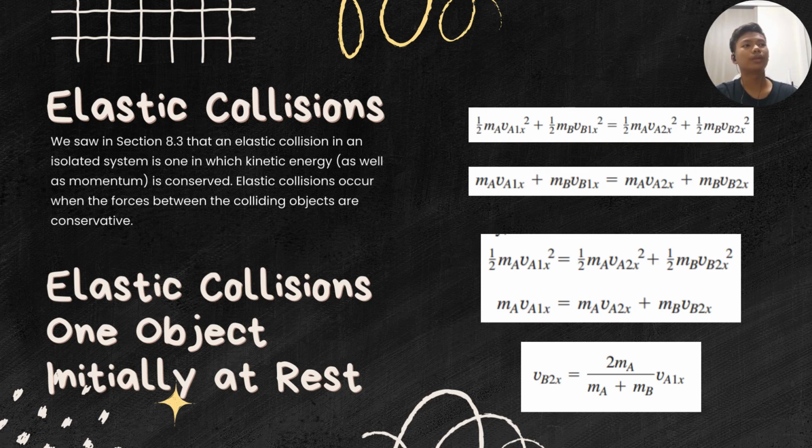So let's think of it this way. Let's say a ball is going to hit a stationary box. So the box is stationary, meaning our box is our second object, meaning its velocity is 0.